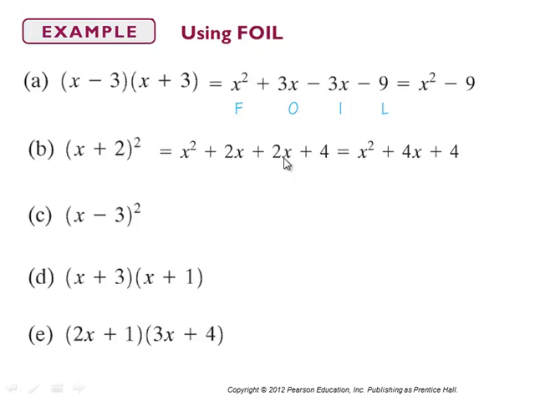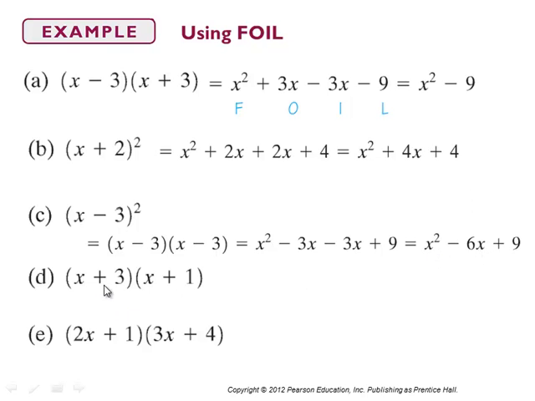So you'll just basically have 2 times the first times the last. So 2 times 2x. That'll be the middle term of the product. And same thing for x minus 3 squared. Notice that 2 times negative 3 times x, which is negative 6x, that's the middle term of the product.